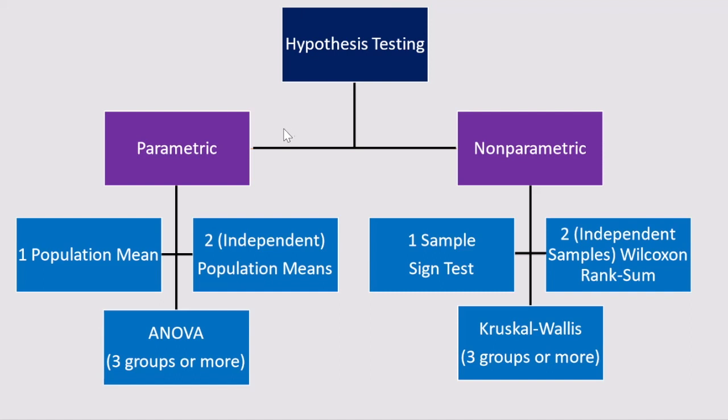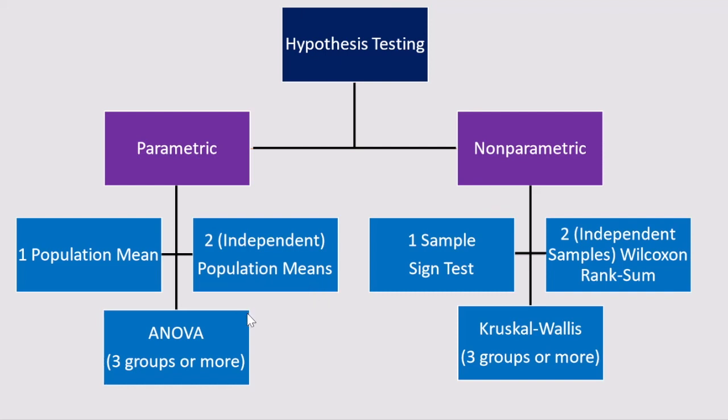Let's recall what we have learned about hypothesis testing. So far, we have conducted parametric tests for one population mean, or a hypothesis test for one group of data. We have also learned how to conduct hypothesis tests for two independent population means, or two groups of data.